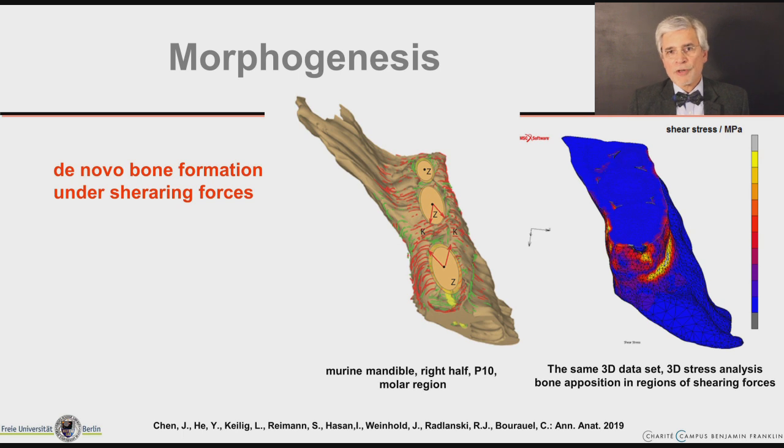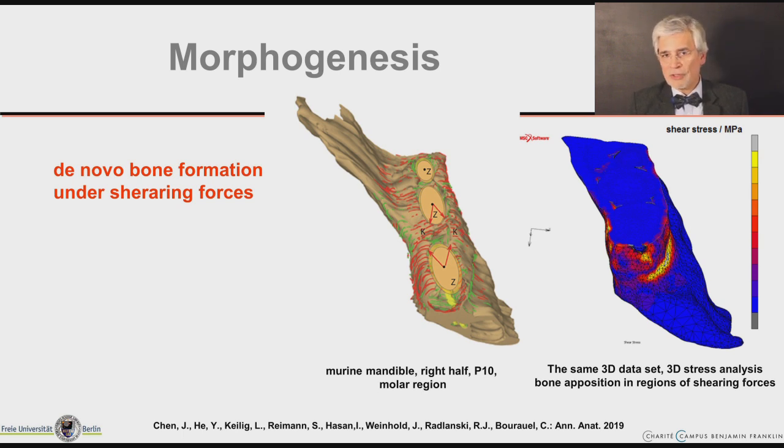These are preparations from the mouse. And on the left side of the picture you can see the regions marked in red at the edge of the crypts and between the teeth. They grow and they expand and they generate shearing forces, as you can see on the right in the shear force analysis diagram. And these forces shine yellow and red.